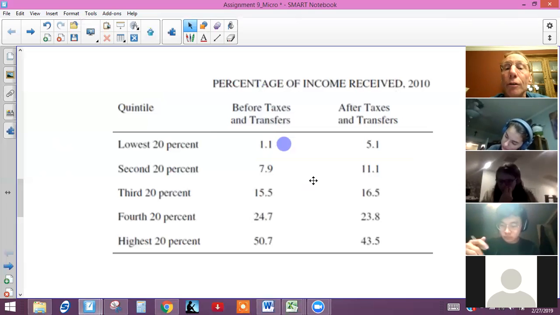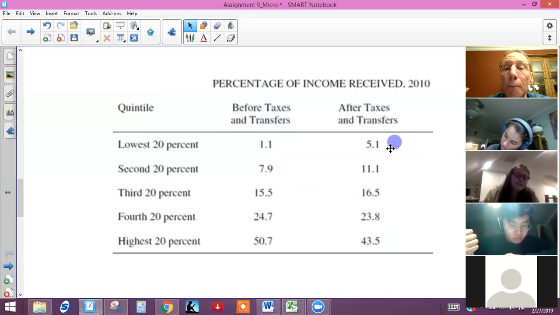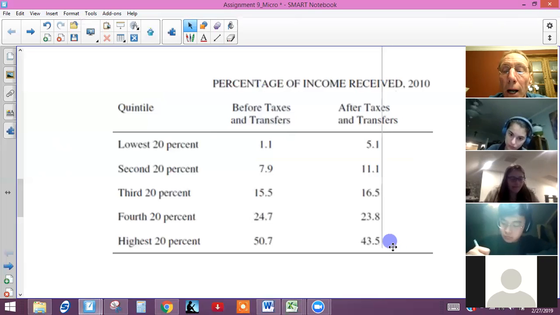Now, after taxes, after the higher incomes paid more taxes and the lower incomes got things like child tax credits and benefits, we see that the biggest change is that the highest got less, right?